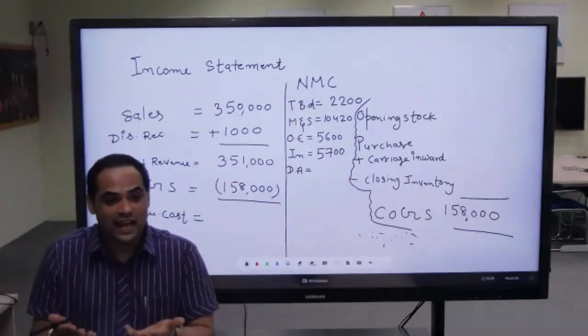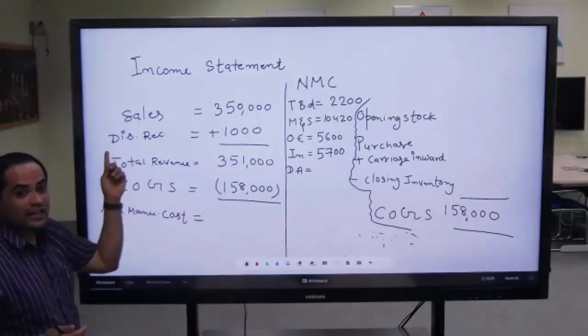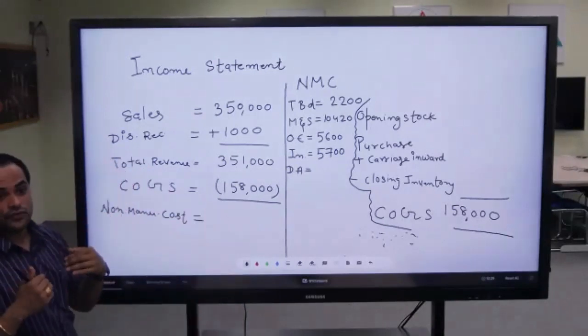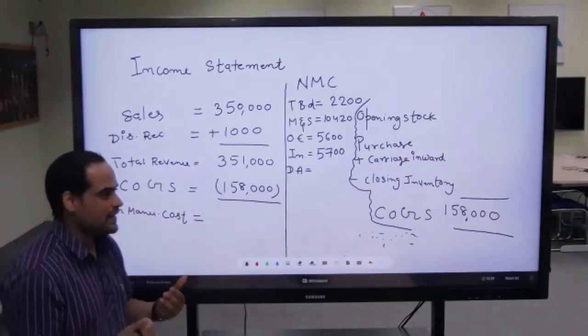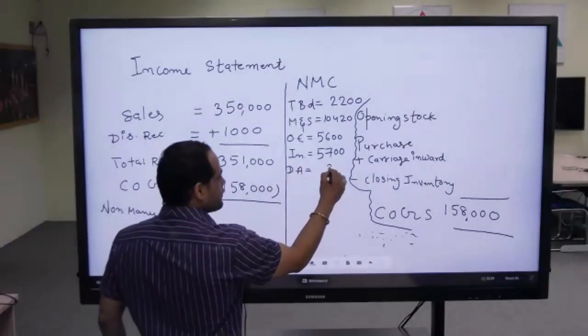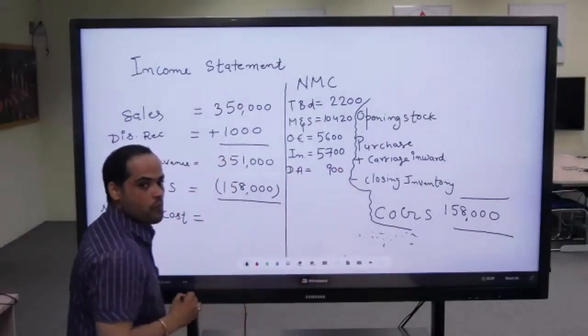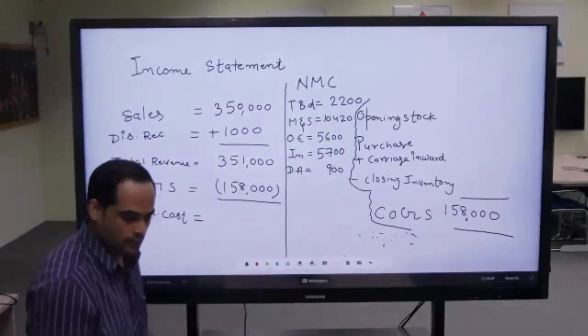When you give discounts, that is not your income. Your income is discount received. So this 900 is not your income. It's your expense. So discounts allowed is 900.